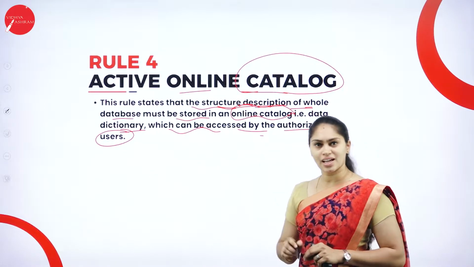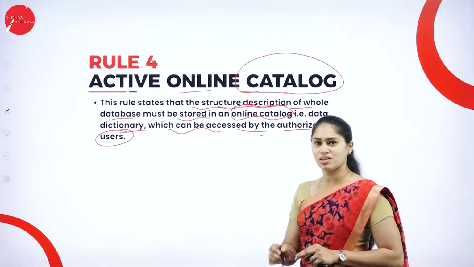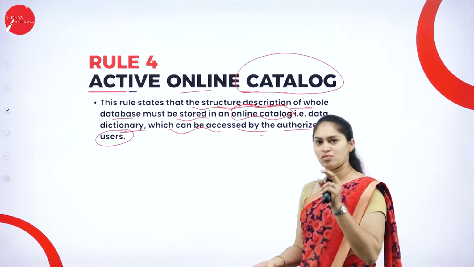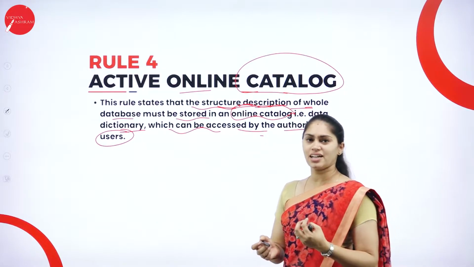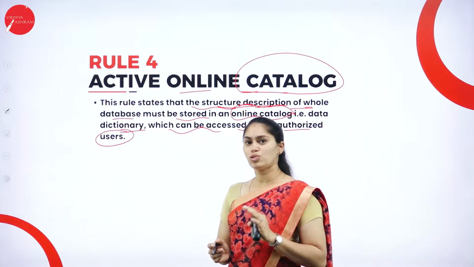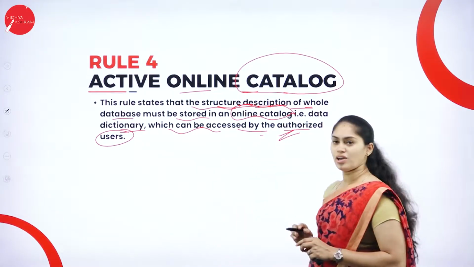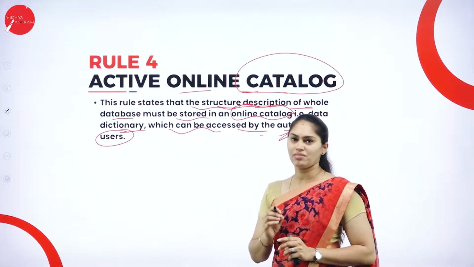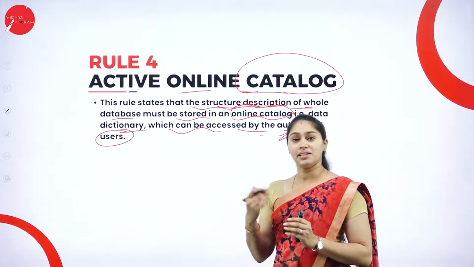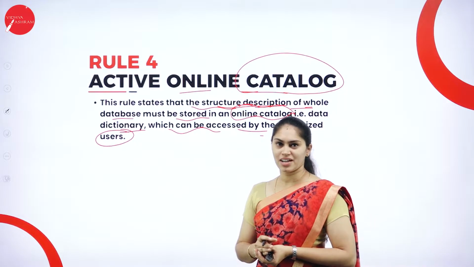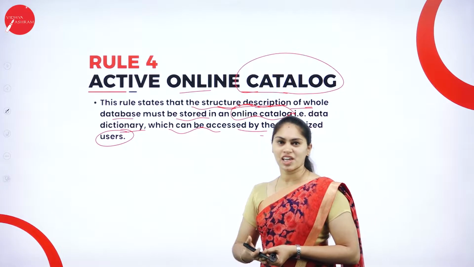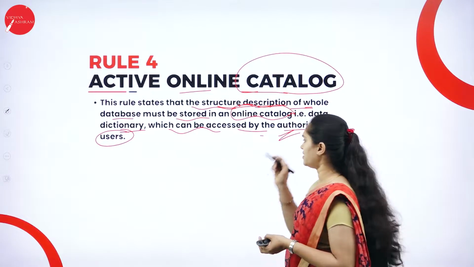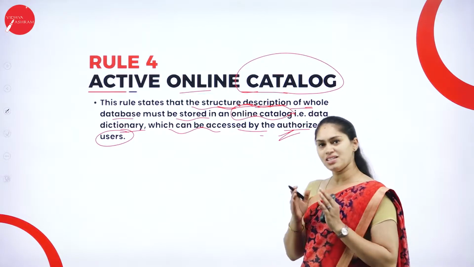If you are an authorized, genuine user who belongs to that database, and you want to access that content, then only it must allow you to access it. Otherwise, there will be no confidentiality. So we have to provide security, as well as accessibility to the authorized users.